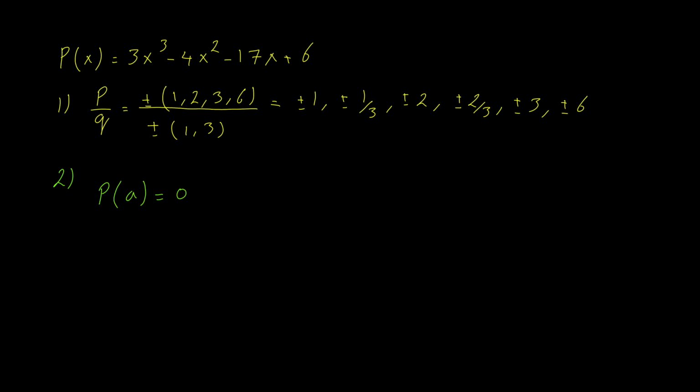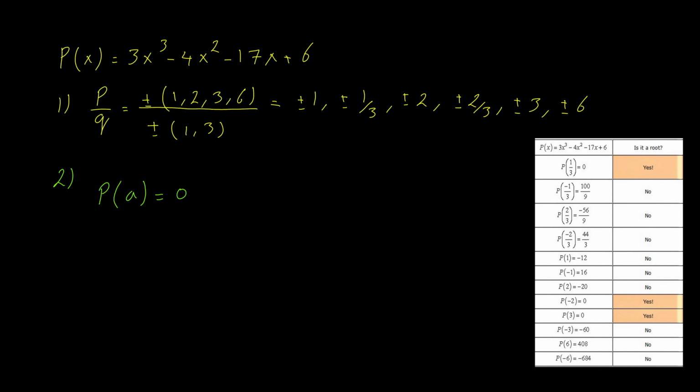Here I have a table already done with the values of the possible roots that we have found. So 12 of them, and only 3 of them give a result of 0. So those are the actual roots.